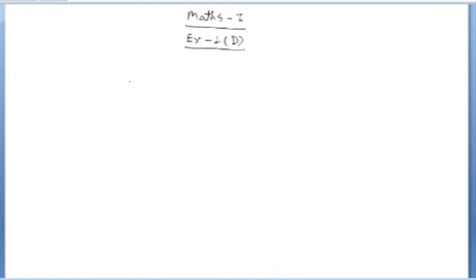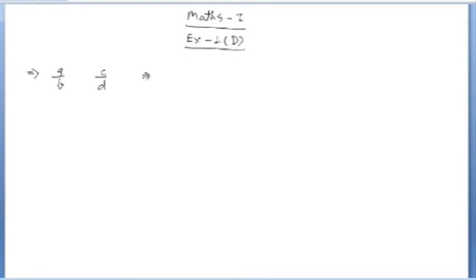In this exercise, we have to find the rational numbers between two given rational numbers. First, understand the properties. It is very simple. Suppose I have two rational numbers, a by b and c by d, and I have to find one rational number between these two numbers.